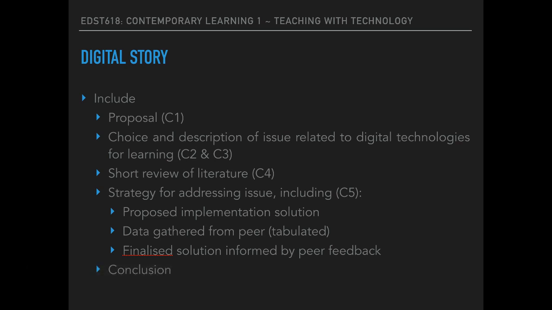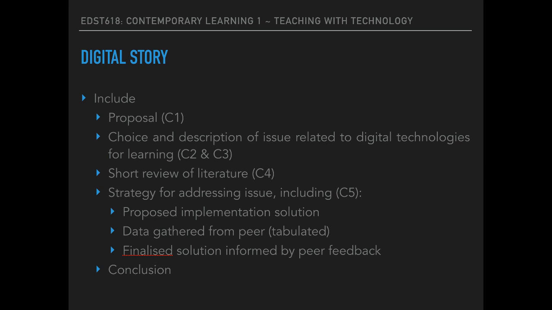When you're developing your digital story, so when you're putting together the information to deliver, the thing you're going to submit, this is how I think you should do it. Remember that the use of technology and the digital story are embedded within the whole product, so they don't need to be addressed separately in the assignment task. You want to start off with your proposal.